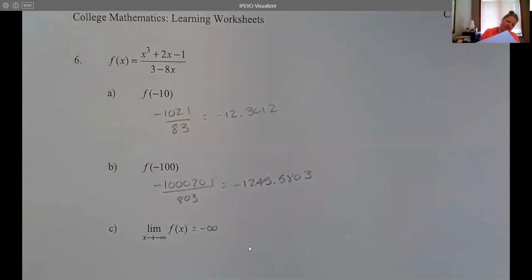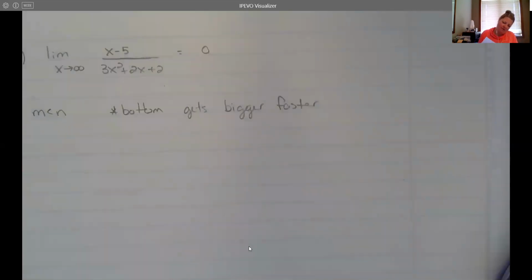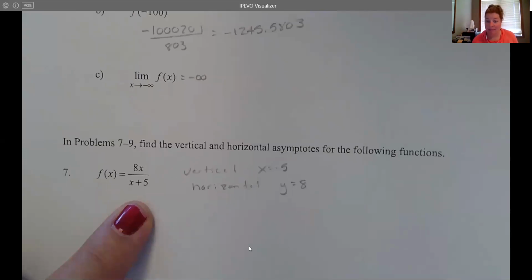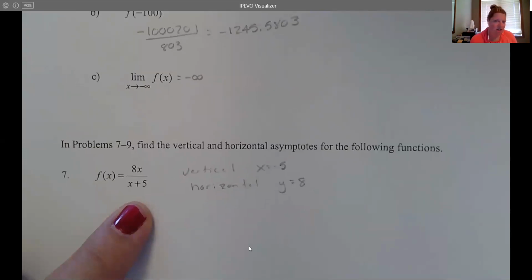Do I have any other? This one's just asking what the asymptotes are, which we reviewed in the beginning. I can show you. Remember, to find the asymptotes of something like this, you look at the denominator for your vertical asymptote, which on this one is x equals -5.